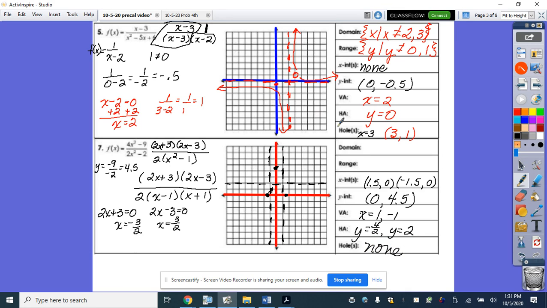Okay. Now, when we go back up here to do the domain, remember that that is going to be affected by your vertical asymptote. So I actually have 2 numbers that it cannot be. It cannot be 1. It cannot be -1. Y is also affected by your horizontal asymptote. So y cannot be 2.